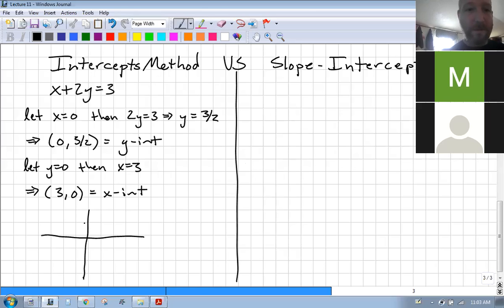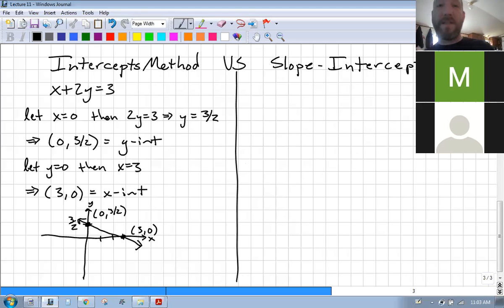So 0, put this 3/2. 0, 3/2, and then 1, 2, 3. This is 0, 3/2. This point is 3, 0. You got 2 points. They happen to both be your x intercept and your y intercept. That's the intercept method. You find the 2 intercepts.